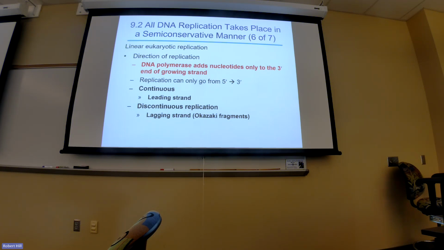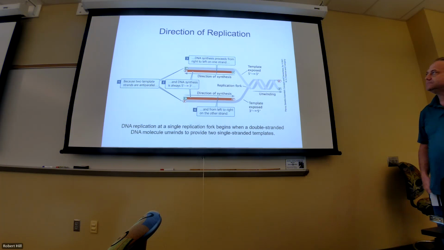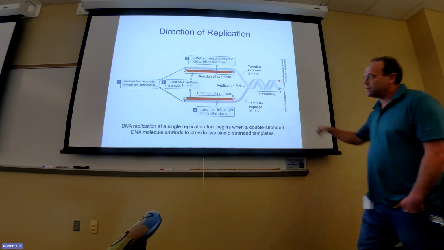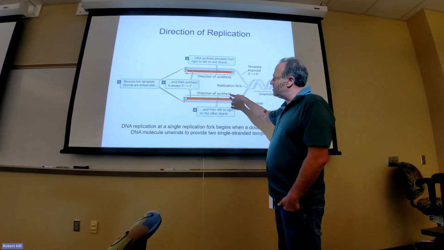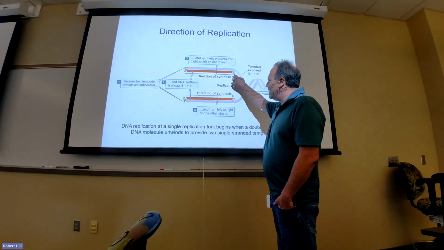This strand here is being built in the opposite way, so there's a gap here. Because of that, we call it the lagging strand. It's made in different segments that we call fragments. This is called a replication fork, and you can see the direction of DNA synthesis is always towards the 3' end.